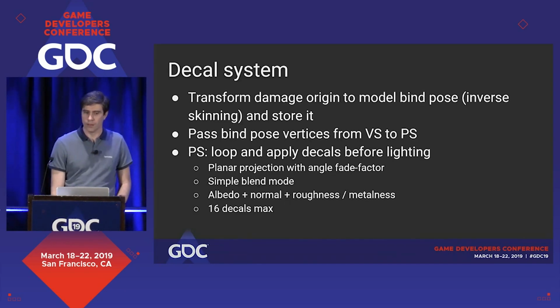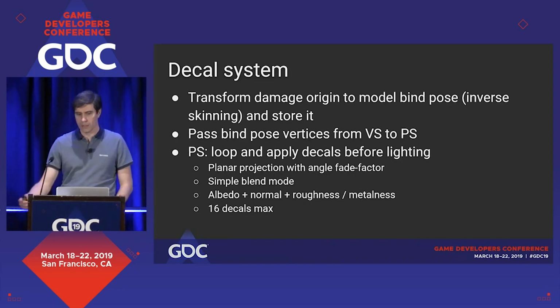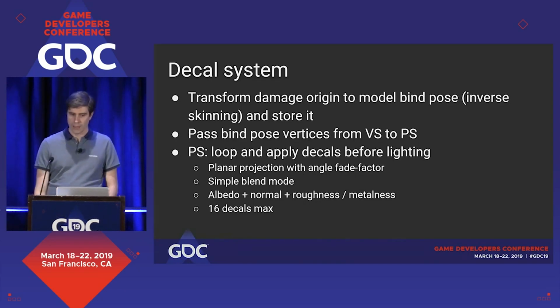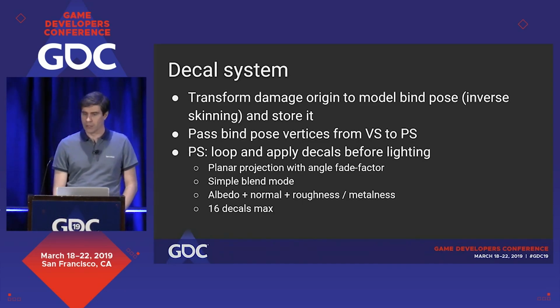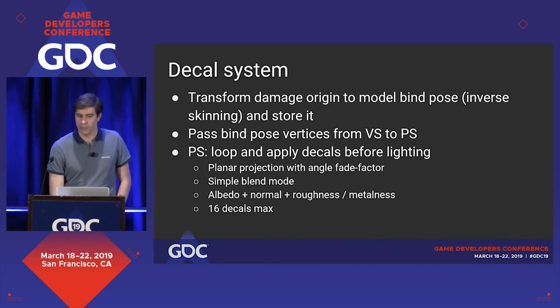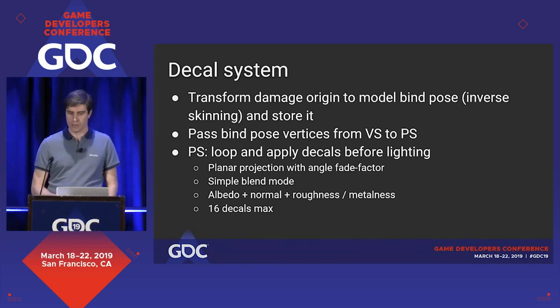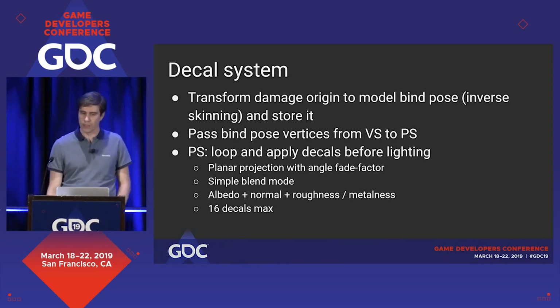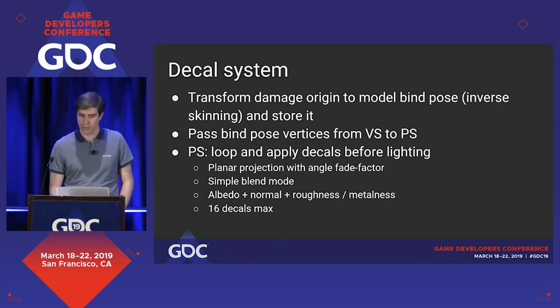Then in runtime, we pass bind pose vertices to pixel shader, and in pixel shader we run a loop over all the decals, up to 16 decals max. And we can do it efficiently because we use only planar projections and simple blend modes. But those decals are able to modify albedo, normal, and roughness and metalness. And it's all done in forward plus shader before we apply lighting.